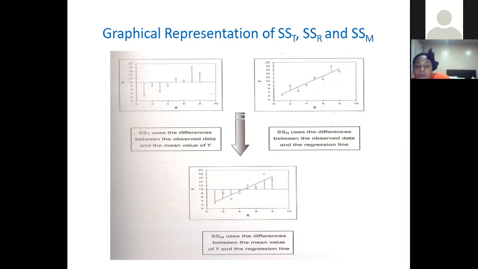If you remember our ANOVA, we talked about three levels of variance: variance between, variance within, and total variance. Total variance is the one that explains the whole variance in the data set.